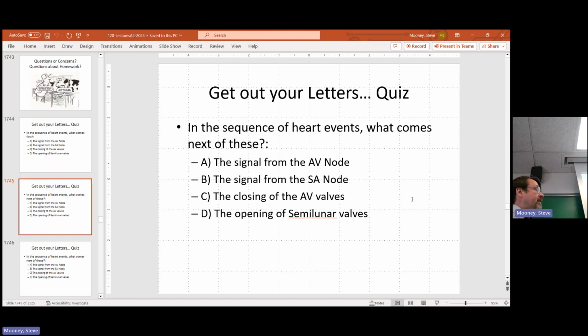What comes next of those four? We've got a signal from the SA node. What comes next?